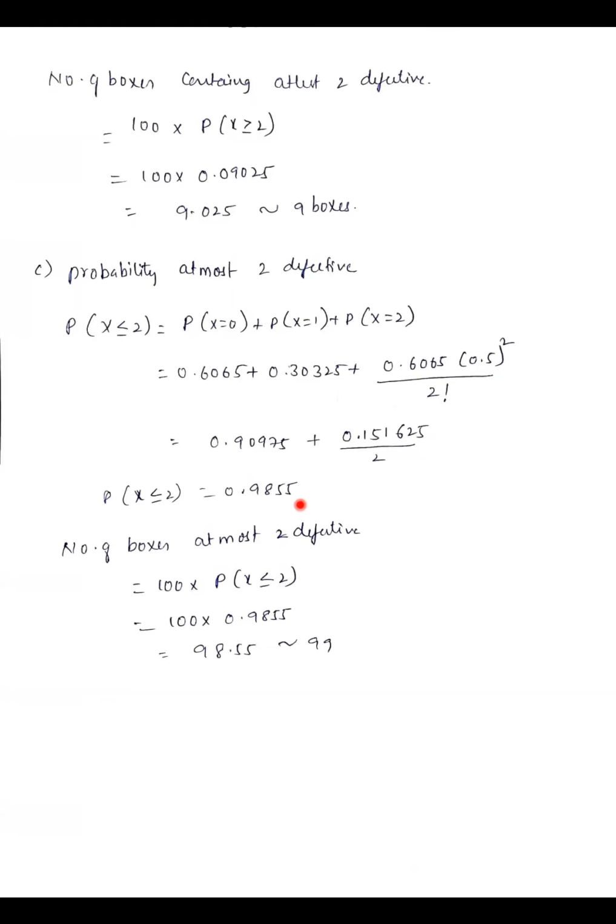Then you will get the value as 0.9855. Clear? The number of boxes with at most 2 defective means 100 into this probability x less than or equal to 2, almost 99. That means out of 100, almost 99 boxes contain at most, that means not more than, 2 defective bottles.